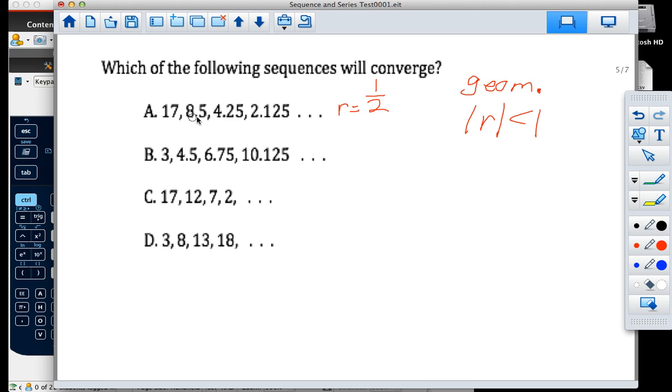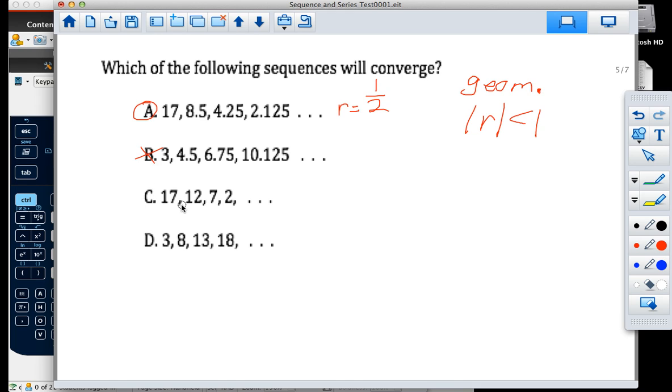So for this case, my R value is 1/2, and it is geometric, so this one will converge. This one here, if you look, you're increasing each time, so without even figuring out the R value, you could say, no, that's not going to converge. That's going to keep on increasing by a constant rate or a common difference of some sort.